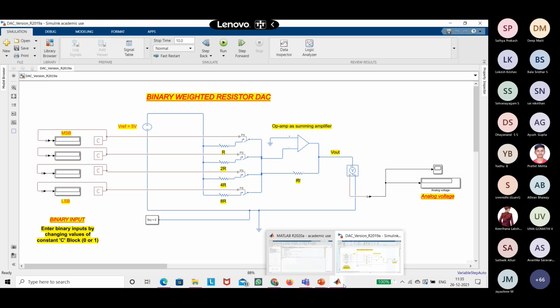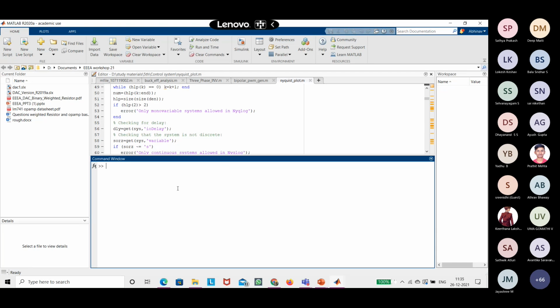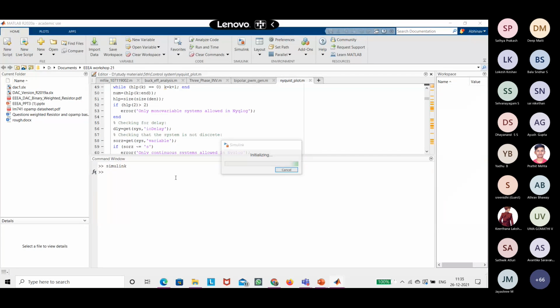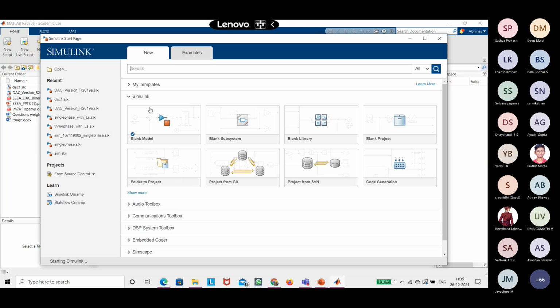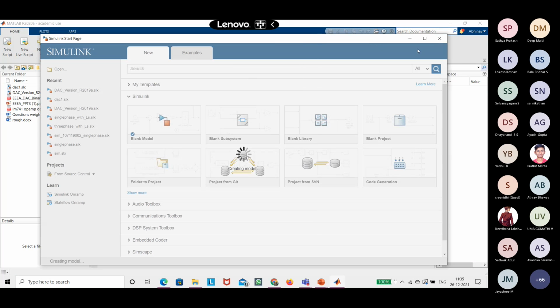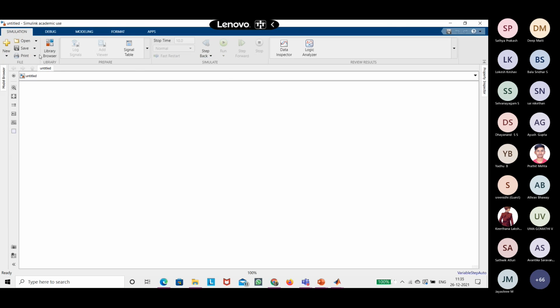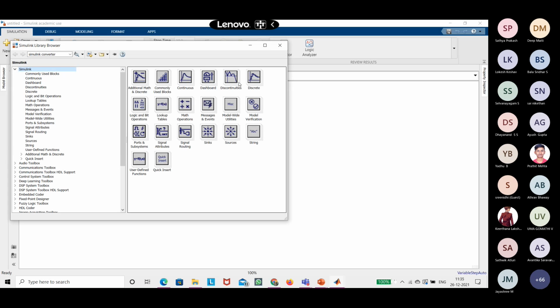Okay, so just create a blank model. Click on the library browser.